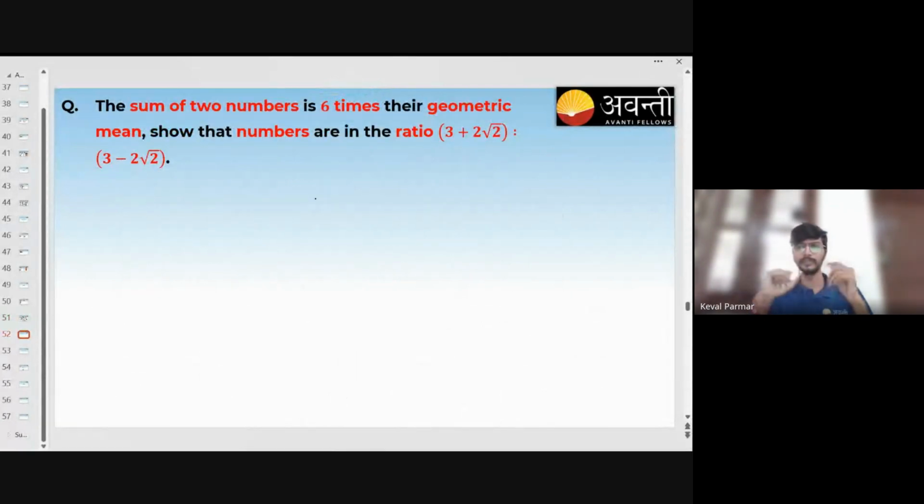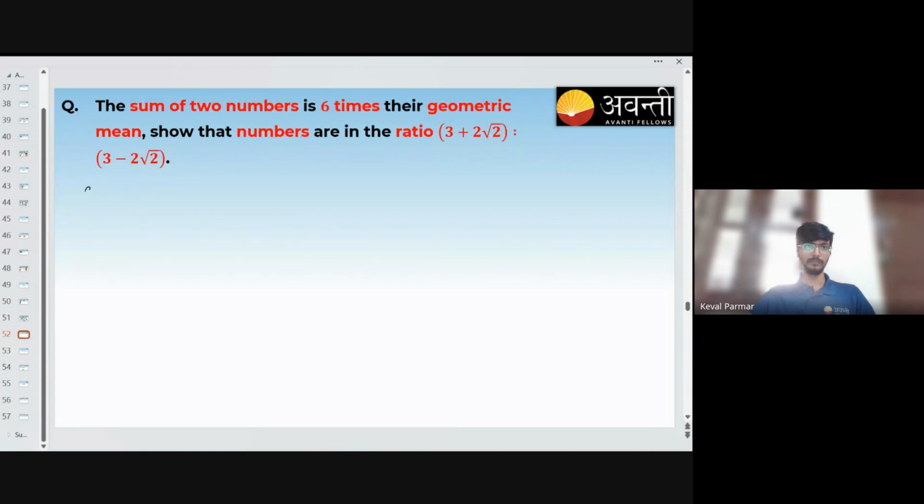This is also a good question. The sum of two numbers is 6 times the geometric mean, so that the numbers are in the ratio this is to this. So they are saying there are two numbers.